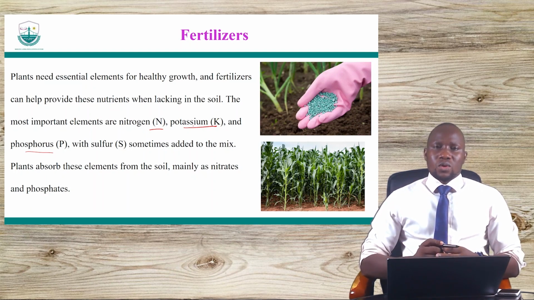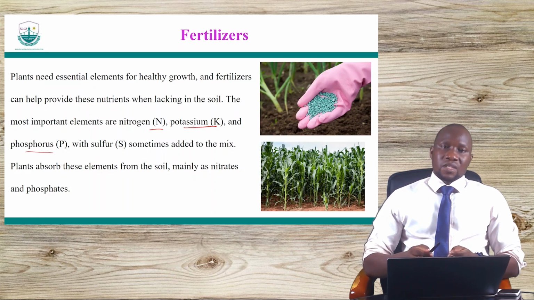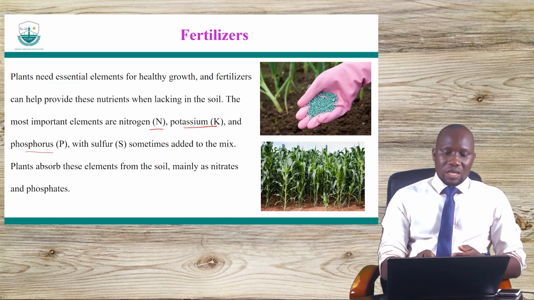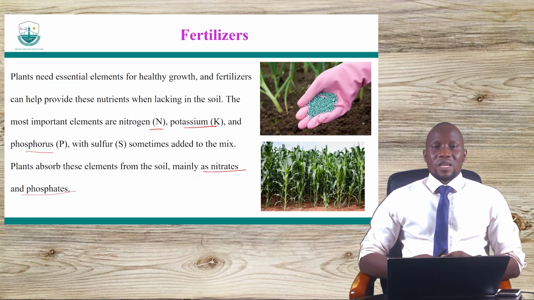Remember, we also talked about nitrogen, and we said that plants depend on nitrogen fixing bacteria to have access to that nitrogen, and that nitrogen is very important for their growth, right? So that nitrogen is mainly obtained as nitrates.